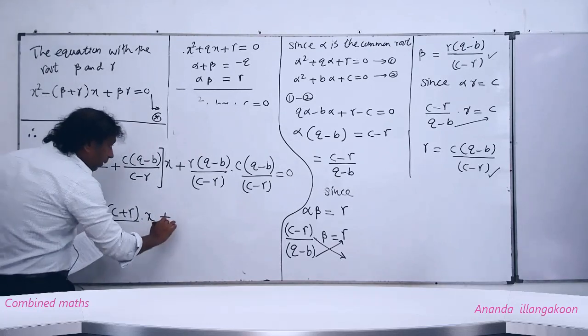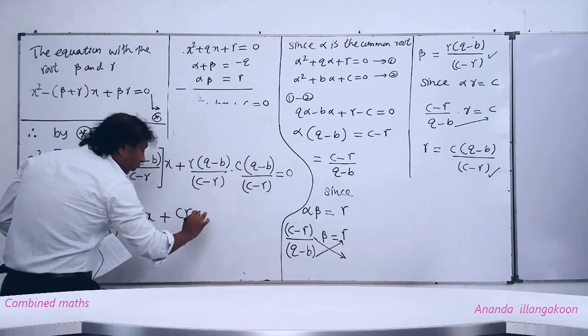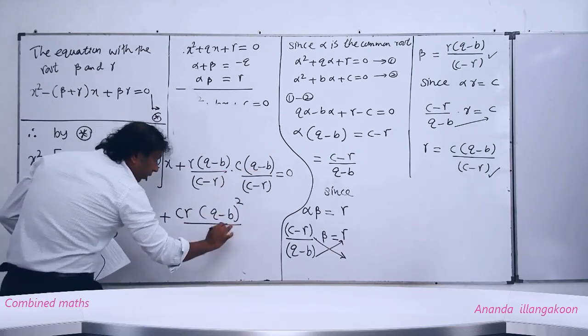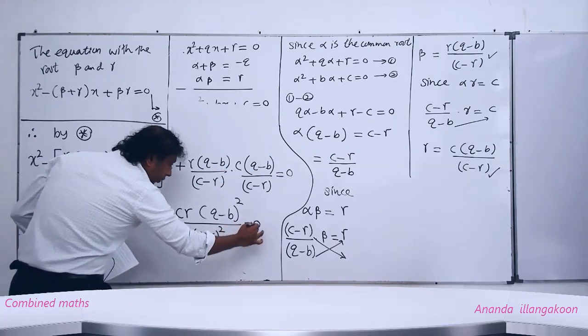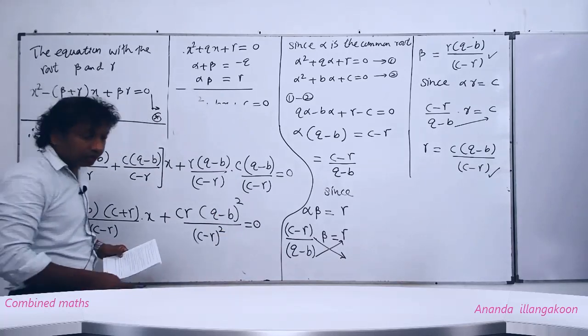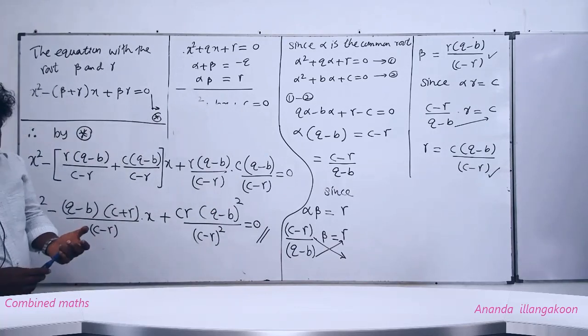And here r and this c make cr. Q minus b into q minus b means q minus b perfect squared, divided by c minus r perfect squared, equals 0. This is how we get that answer.